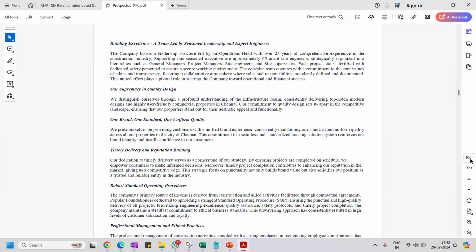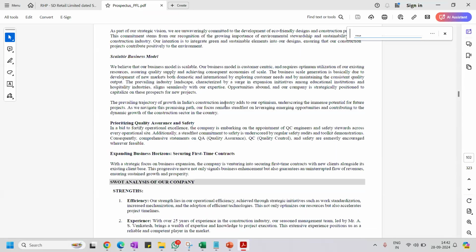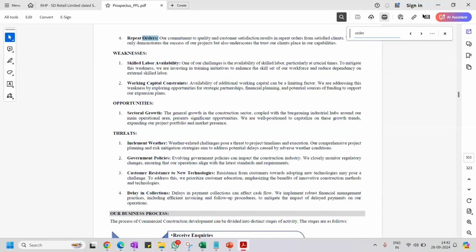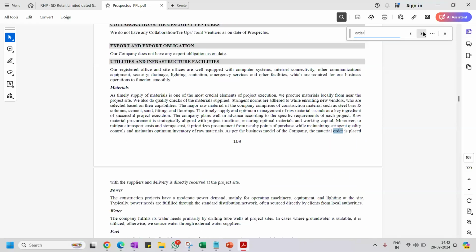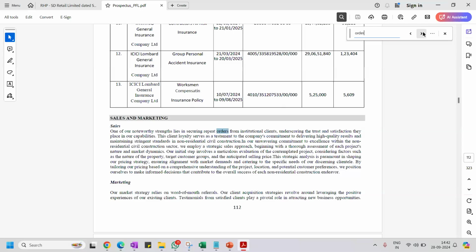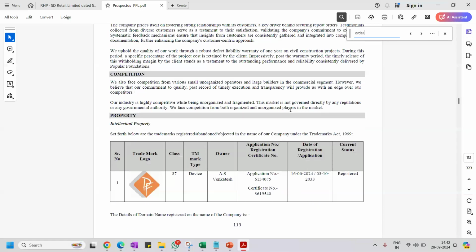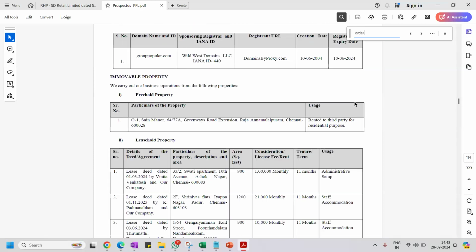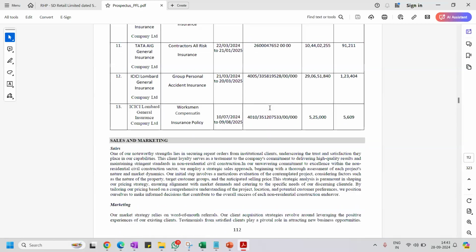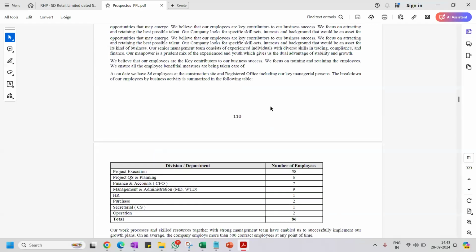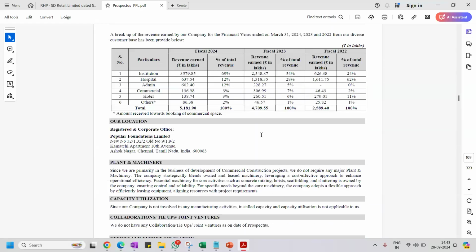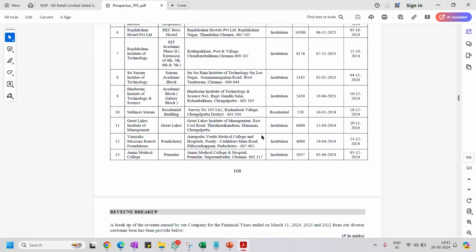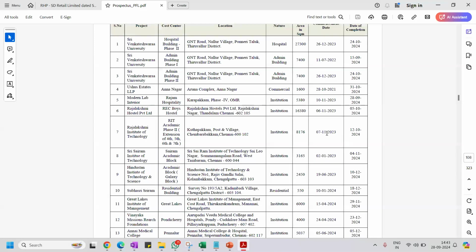Once you go down here, I think this company had around 12, 13 crore of orders.